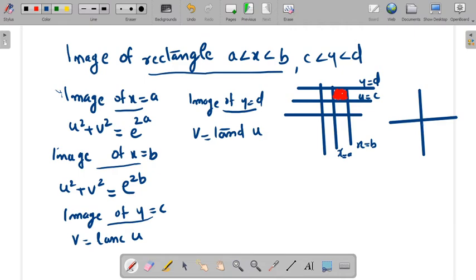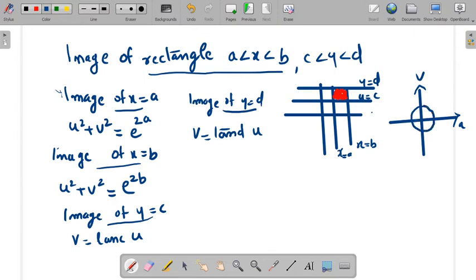And we plot all these things in the uv plane. So the first one is u square plus v square equal to e raised to 2a, which is a circle with center 0, the origin, and radius e raised to a.